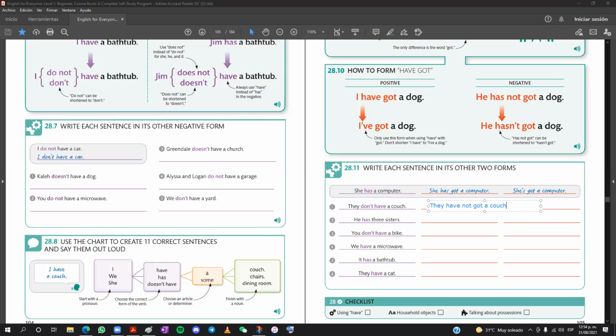Estamos viendo el have got. ¿Ok? Ahora, ¿cuál sería la otra forma? They have. No. They haven't. ¿Verdad? Porque es la forma corta. They haven't got a couch.